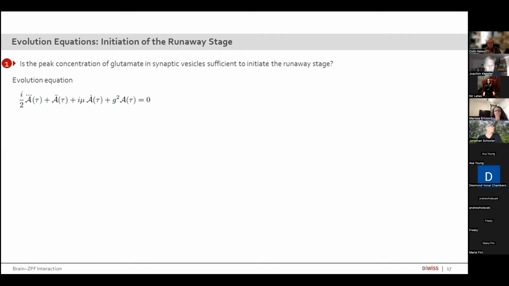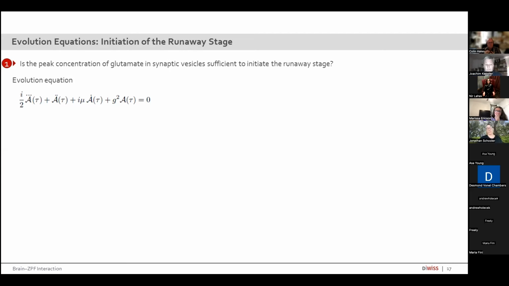The first question is: is the peak concentration of glutamate in synaptic vesicles sufficient to initiate the runaway stage, sufficient to trigger this whole evolution process, this interaction process of the neurotransmitter pool with the zero-point field?